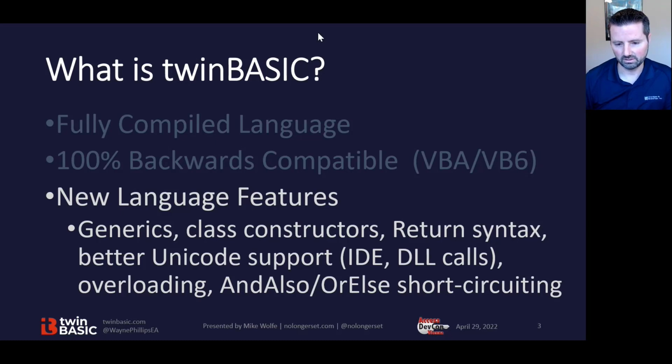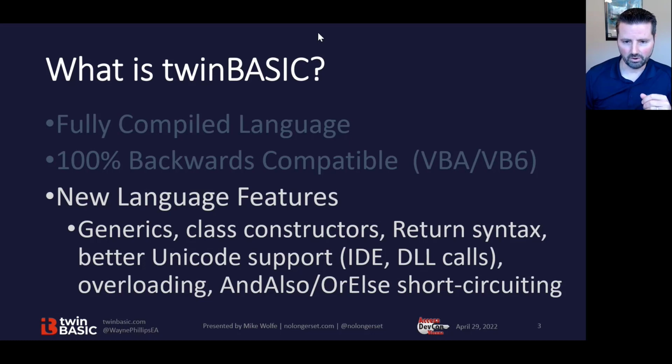So there's much better Unicode support, function and method overloading, and also short circuit Boolean logic via AndAlso and OrElse. If you've worked in VB.NET, you'll recognize some of these features: generics, class constructors, the short circuiting logic, I believe return syntax as well. So a lot of that stuff is available in twinBASIC.